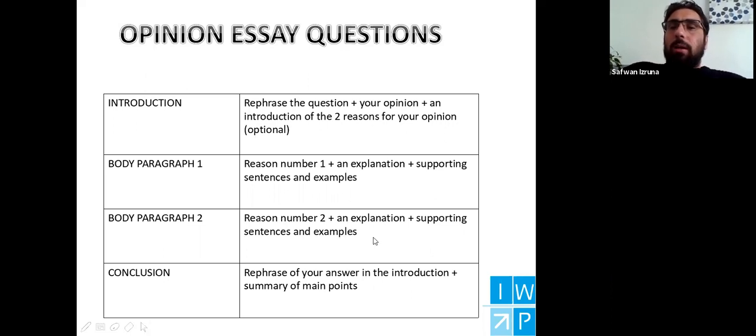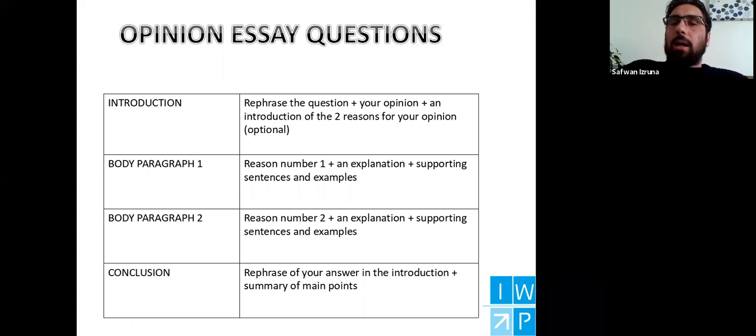Now, it is possible that you have a partial agreement. So you partially agree and you partially disagree. That's okay. You could present one reason why you agree and one reason why you partially disagree.